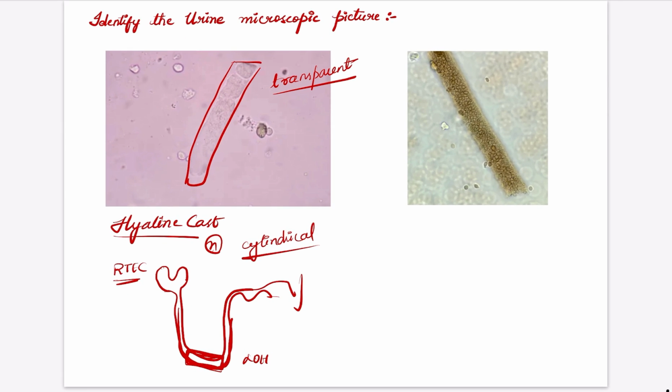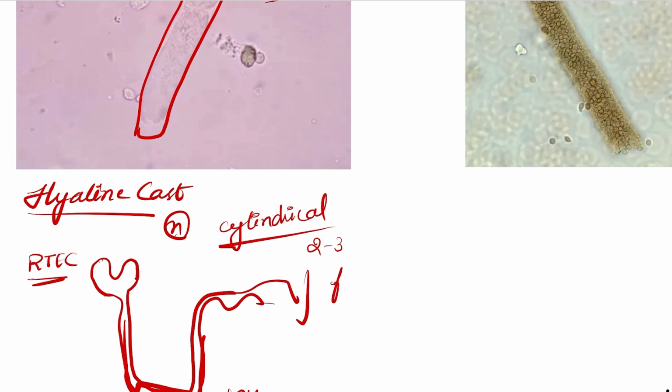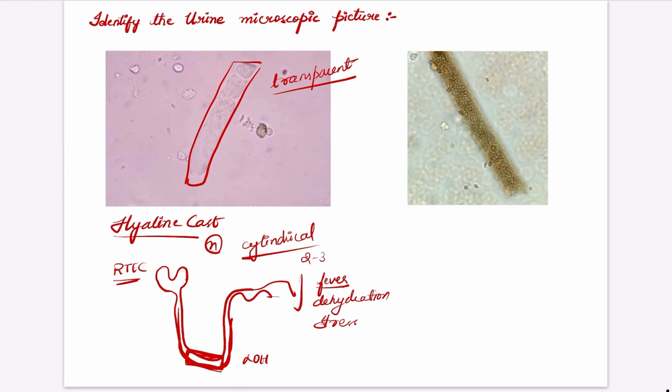Passing of hyaline casts is a normal finding up to 2, 3, 4, 5. But if it is in excess, like more than 15 to 20 in a slide, it is high and indicates fever, dehydration, stress, or post-exercise.